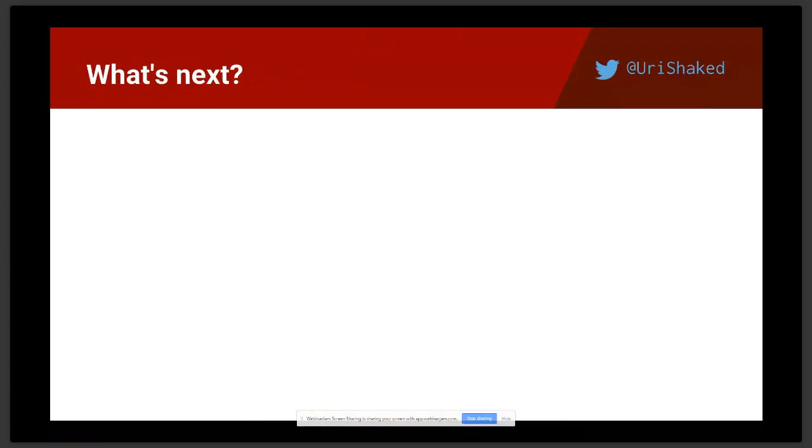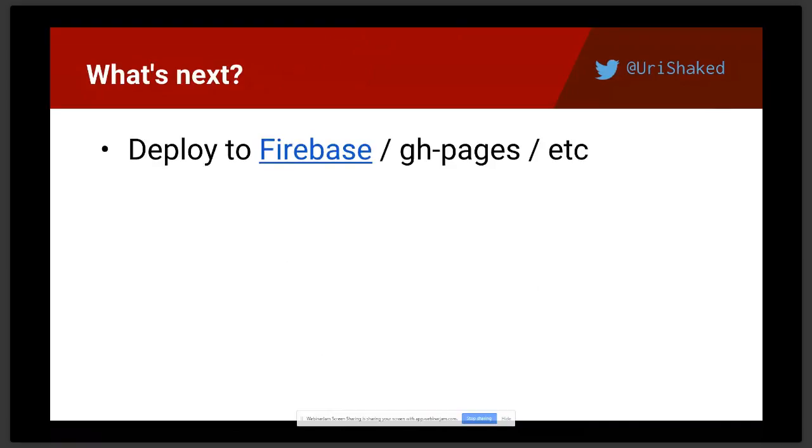So what's next? What can you explore even further to make this more fun and useful? So first of all, of course, once you've got a static website, make it look awesome with CSS and add some cool interactions. And then you want to deploy it. So you can use Firebase hosting, GitHub Pages, or there are plenty of services that let you host static websites.